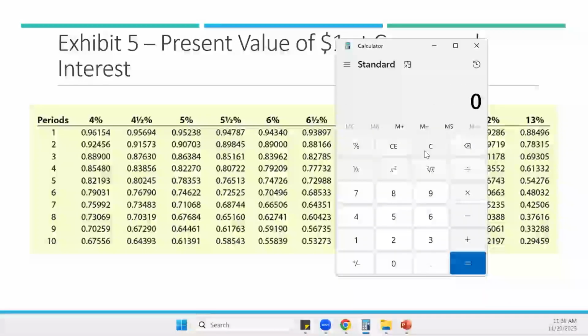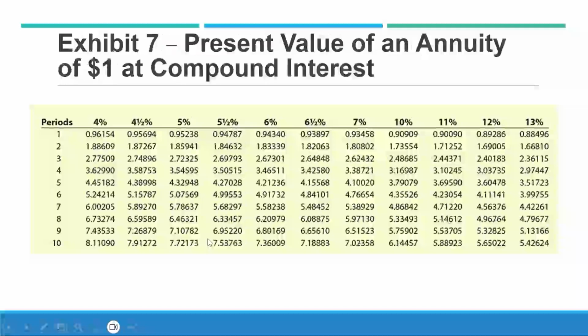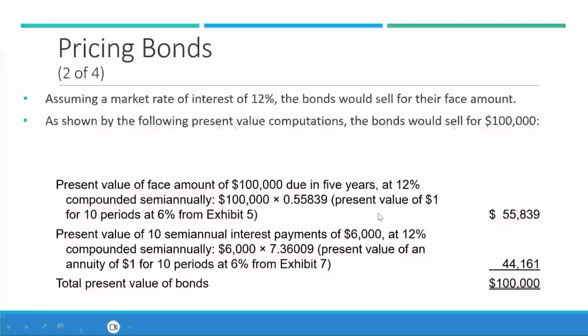If we take 0.558 times $100,000, we get $55,839 as the value of the single sum of the face amount. That's the present value of the $100,000 payment at the end of the 5 years.